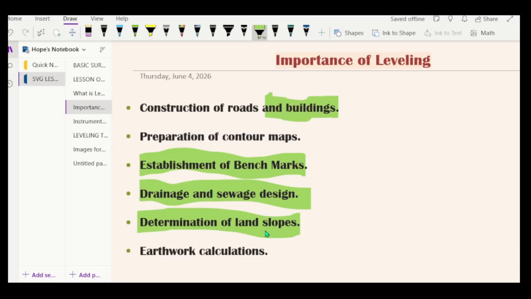Imagine you're a surveyor, and you're asked to carry out a survey on a place where there will be no flood. In this case, you may have to look at the elevations of every point on that particular site, and then determine which side is sloppy and which side is a kind of balanced hollow.